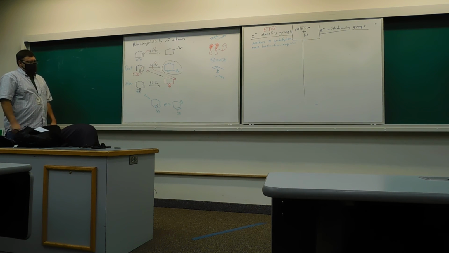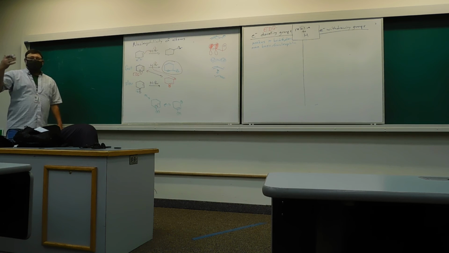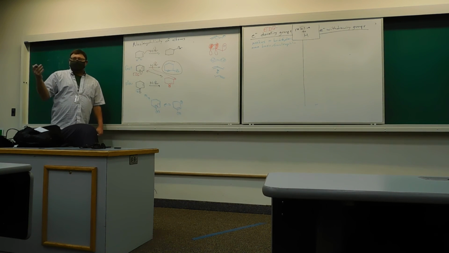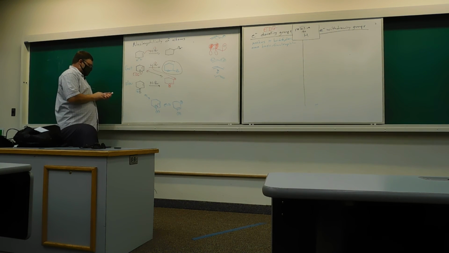So there's your resonance structure. Now of the two electrons in that alkene, one of them bears a positive charge in the resonance structure. In both cases, the electrons are being pulled away from the pi bond. So we would call this an electron withdrawing group.